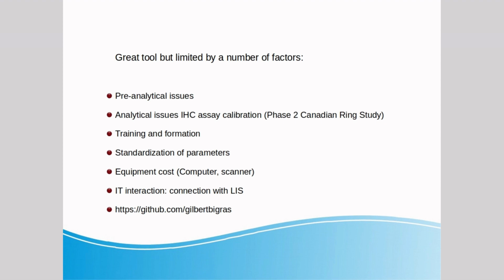We also need to train people because these tools are getting easier to use, but nonetheless a minimum of training is needed. We also need to agree upon standardization of parameters, especially, for instance, how do we establish a threshold to decide what is a negative nucleus versus a weakly positive KI67 nucleus.